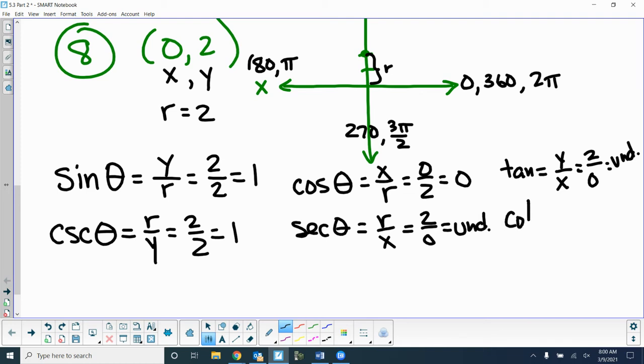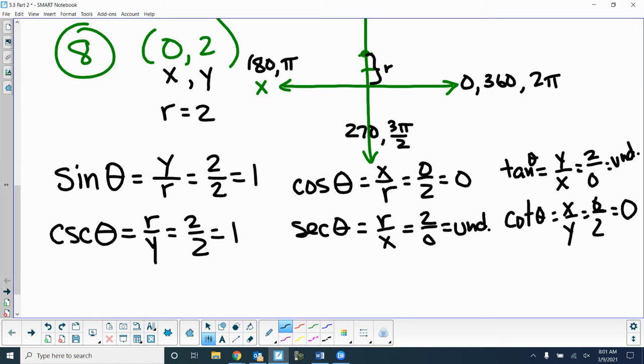And for cotangent, I should have put theta, that's x over y, which is 0 over 2, which would be 0. So that's how you do something like that. I wanted to go over that again. Some of you may have forgotten.